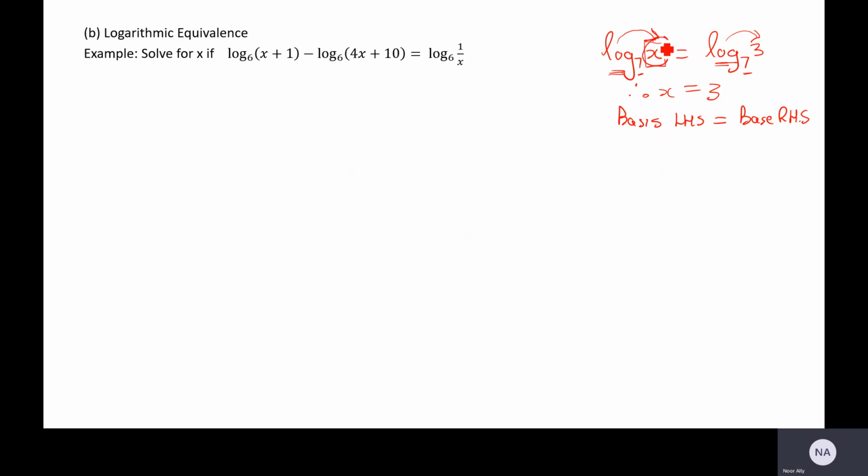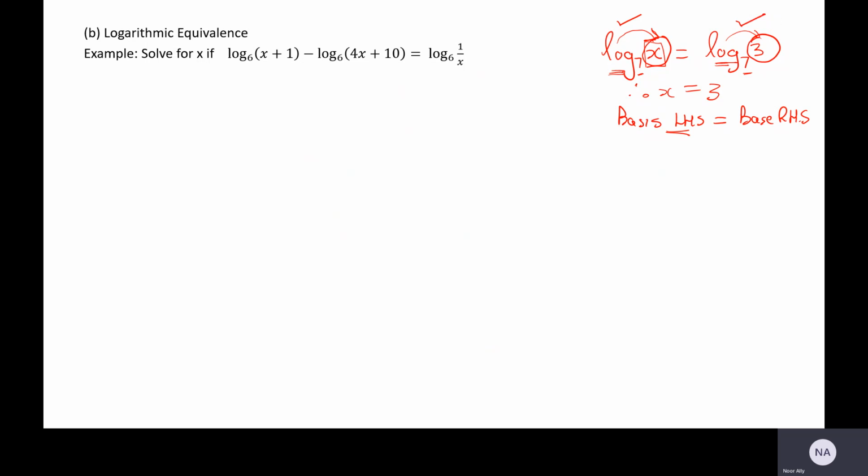This part here, that part there. The arguments are equal provided the bases are equal. But very important, you must have log once on the right-hand side and log once on the left-hand side.